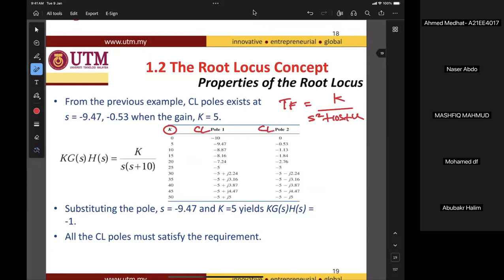At K equal to 25, it will give you the same pole value overlapping, -5 and -5. Then after that, the poles become complex conjugate poles.